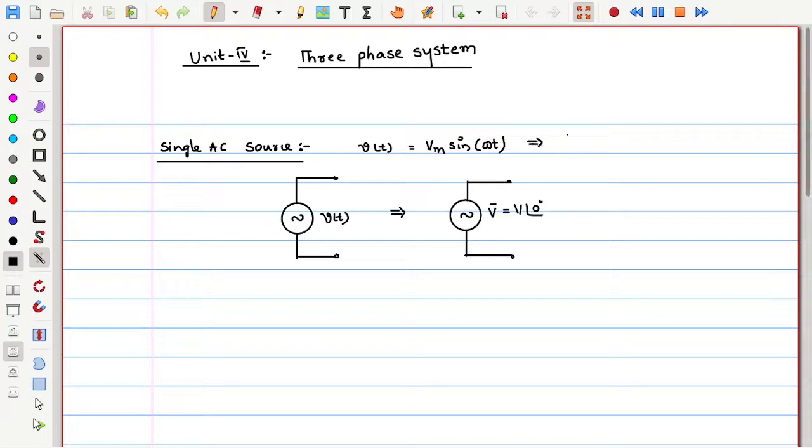This V bar is the phasor form of the voltage V of t, which has magnitude Vm by root 2 and angle 0, which can be written simply as V at an angle 0, where V is the RMS value of the voltage.